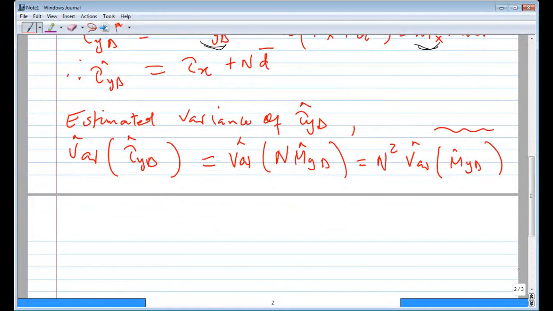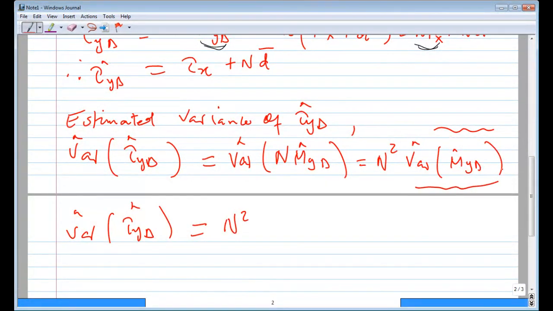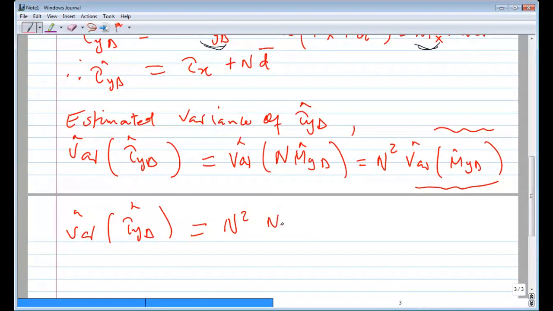Okay, so now the estimated var of tau yd estimate is equal to what? N squared times the whole of this, equal to what? Can you give me that formula? Is it N what? N minus n, divided by N, isn't it?